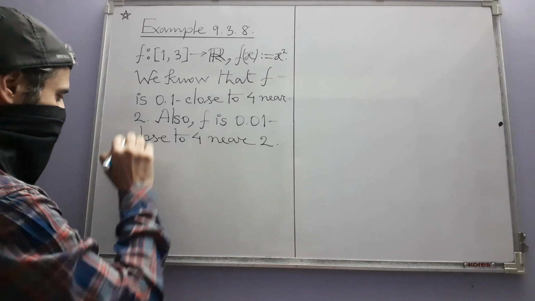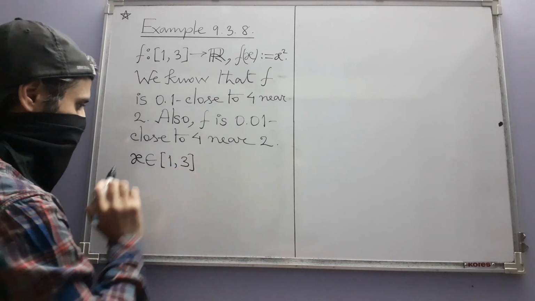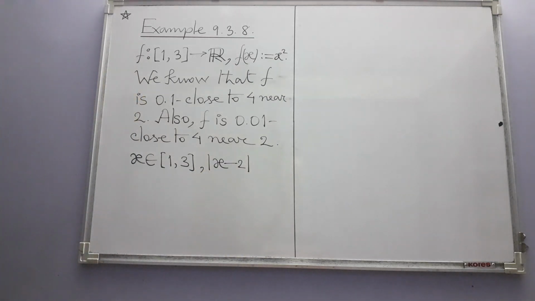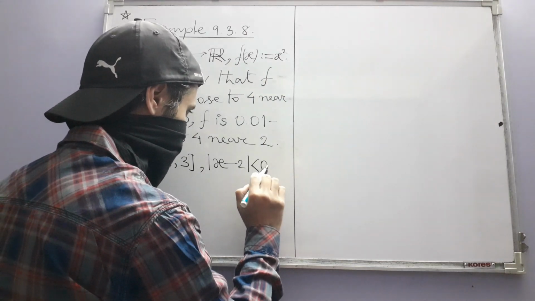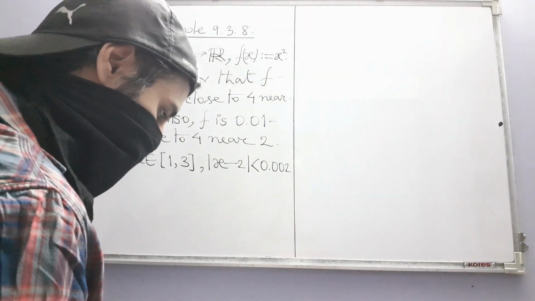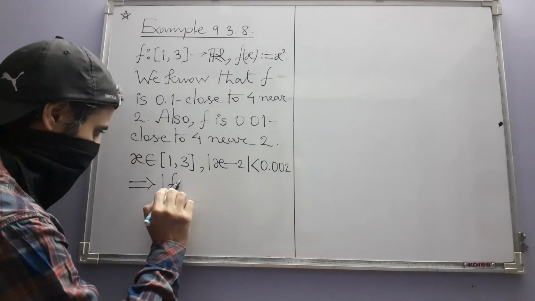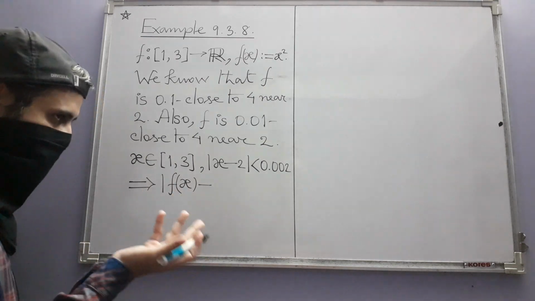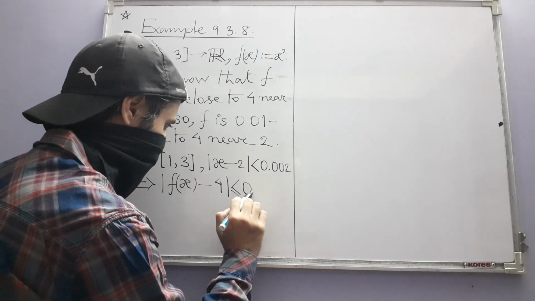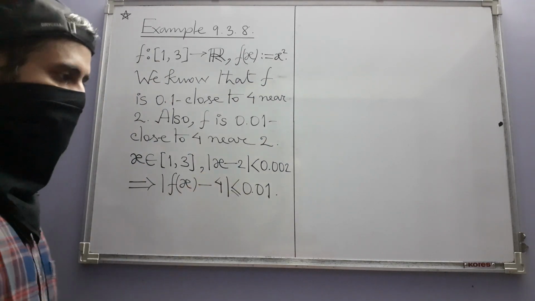And you can verify this, that if your x belongs to this interval and the distance between x and 2 is less than 0.002, I think we need 2 zeros, yes, then the distance between f of x, means x square of course, and 4 is less than or equal to 0.01, that is f is 0.01 close to 4.